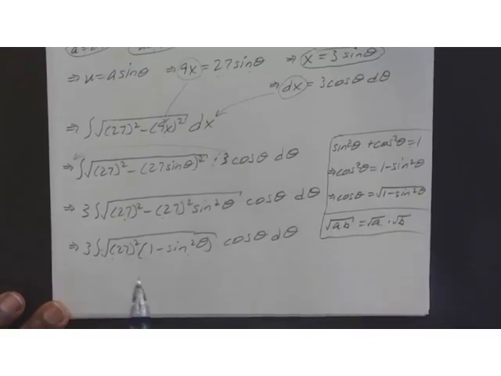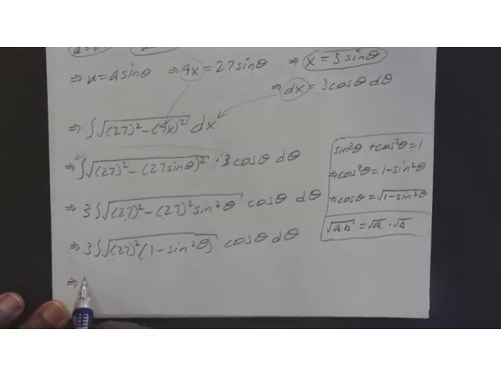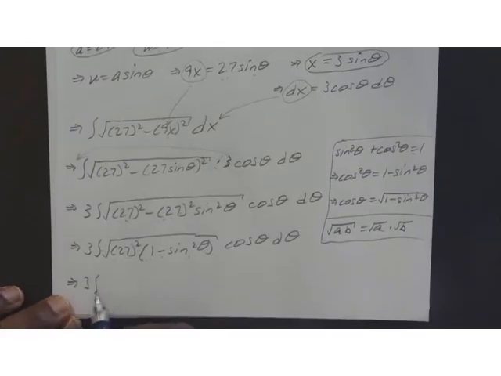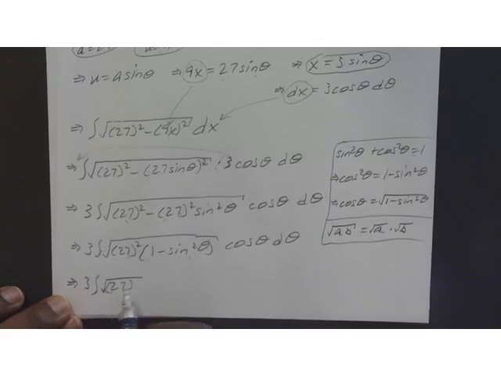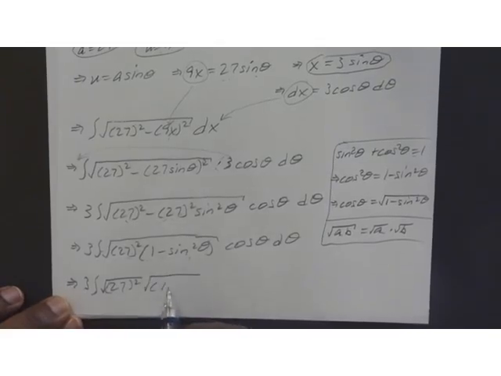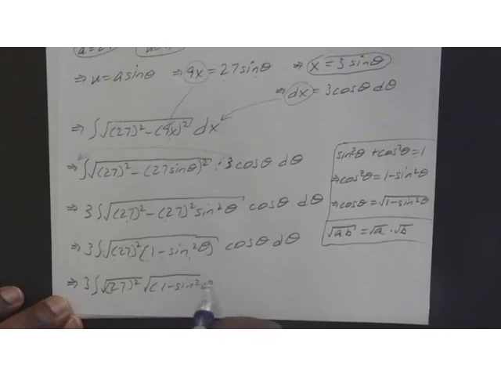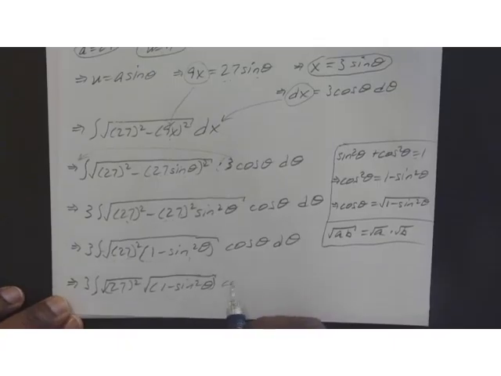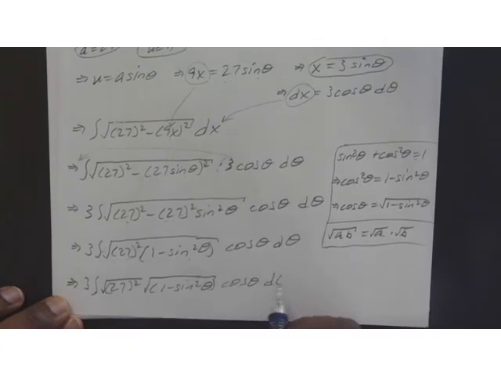So we can split these two up. And that leaves us with 3 times the integral of the square root of 27 squared times the square root of 1 minus sine squared theta times cosine of theta with respect to theta.